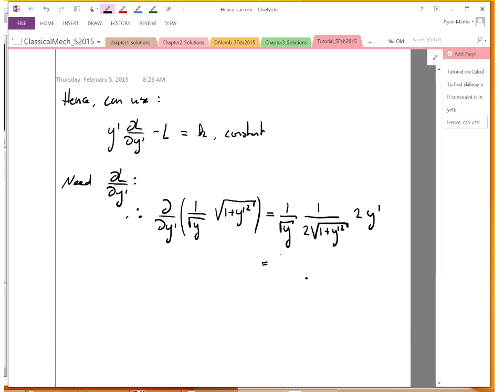That means partial L by partial y prime is 1 over the square root of y times y prime over the square root of 1 plus y prime squared.